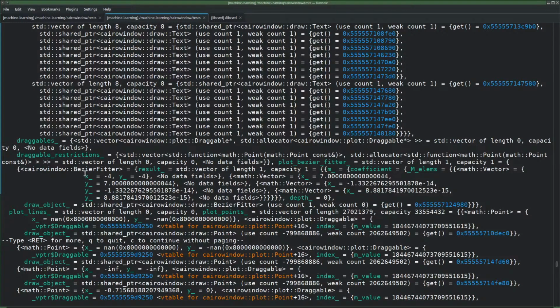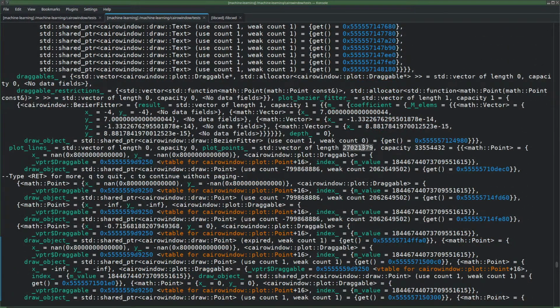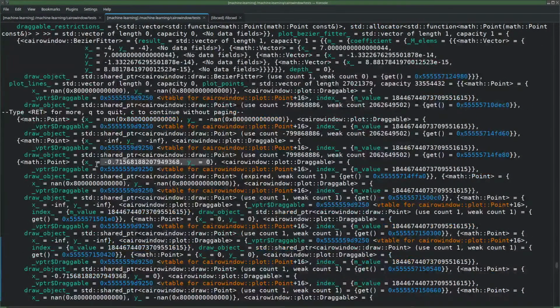I can't find it. Well, plot lines, okay. So plot points, there it is. Ah, that's what I was looking for. So we have 27 million invisible points. And they are not visible because all of them are not a number. Well, this one is a number. This one is not a number though.